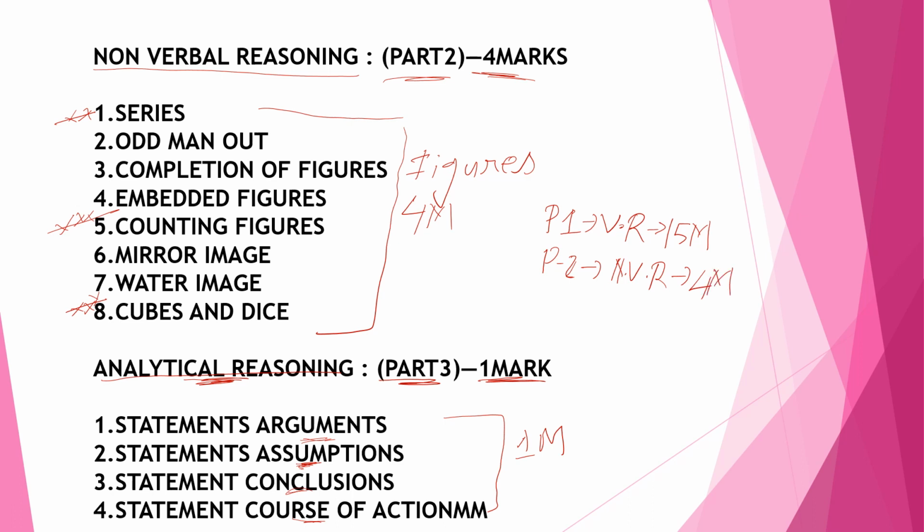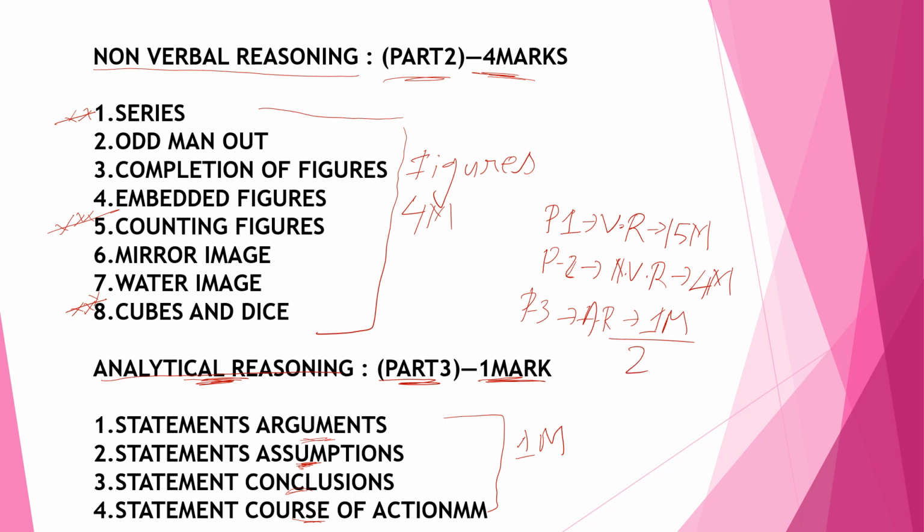In this, 3 topics are important: series completion, counting figures, cubes and dice. Part 3, analytical reasoning, we need to give less importance, as we can expect only 1 mark here.